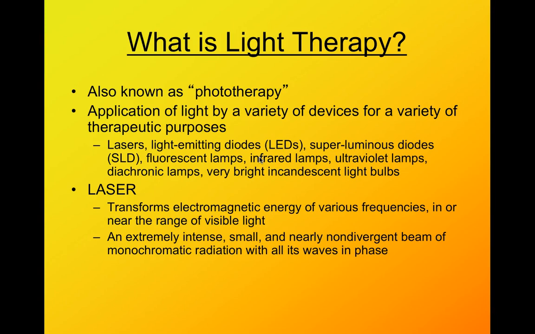So how we get the light to be monophasic, monochromatic, coherent, and non-divergent is what makes it a laser. So inside the laser itself, we're going to have some sort of medium that we can stimulate. And that medium is going to be all the same particle, all the same molecule. And that's going to be really important because that's what's going to give us the very specific frequencies that's going to let us have those four aspects of a laser.